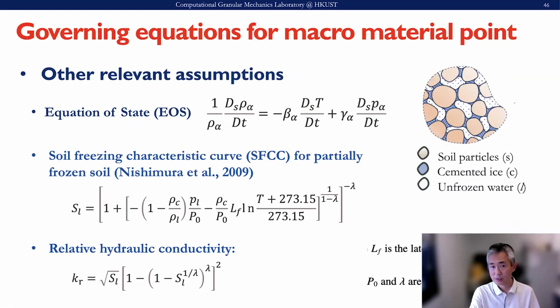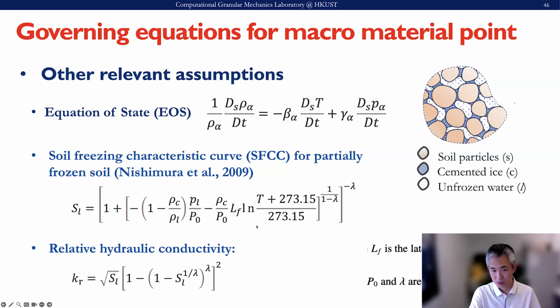There are also other assumptions. For example, we consider the equation of state for the solid phase, for the liquid phase and for the ice phase here. And during the ice and water phase transition, we consider a soil freezing characteristic curve, and we make an analogy to unsaturated soil mechanics for a partially saturated soil, and then write an equation for the partially frozen soil here.